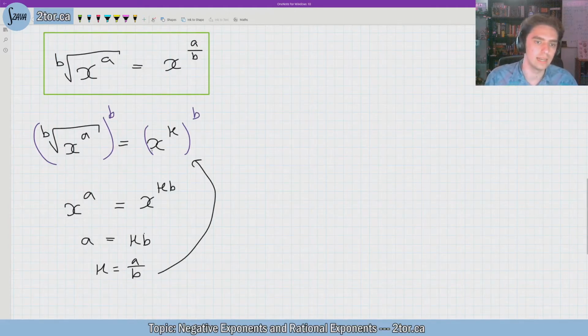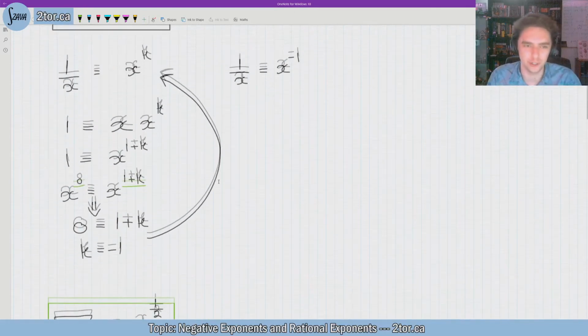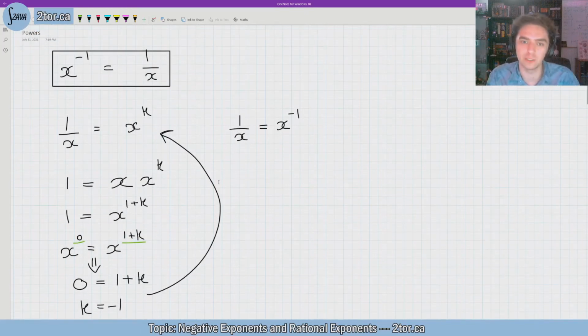In other words, x to the a over b is equal to the bth root of x to the a. The reason I wanted to make this video at all was because I think a lot of people think this is kind of a notation trick more than actual fundamental math, right? That we just choose to call 1 over x x to the negative 1 and the math works out. But that's not actually true.